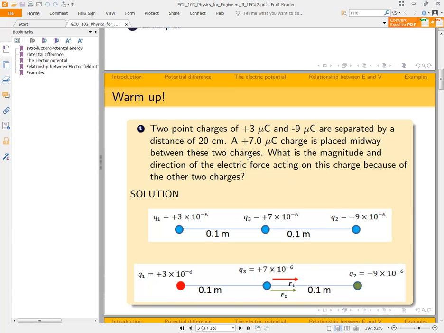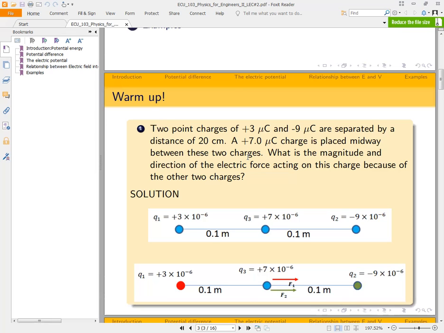Then you come to the technical bit. For example, the charge Q1 is positive, charge Q2 is negative. You are bringing a third charge in the middle, which is positive. So this question, you do it in bits. Remember, Coulomb's law deals with forces between two charges. So you take two charges at a time.